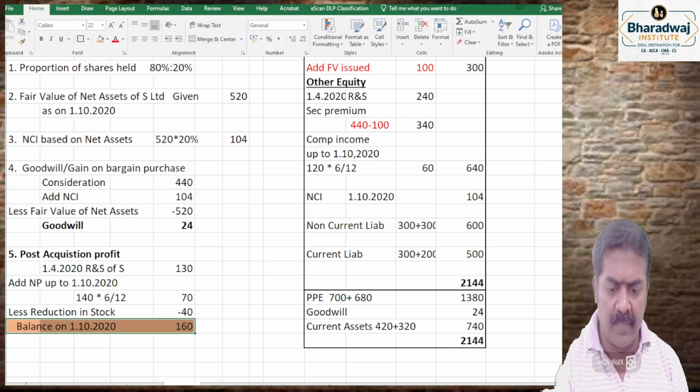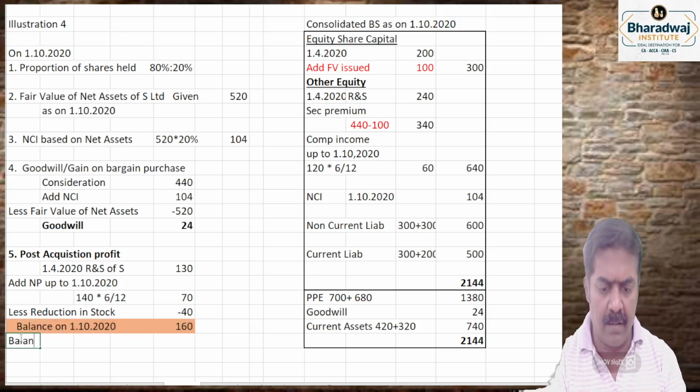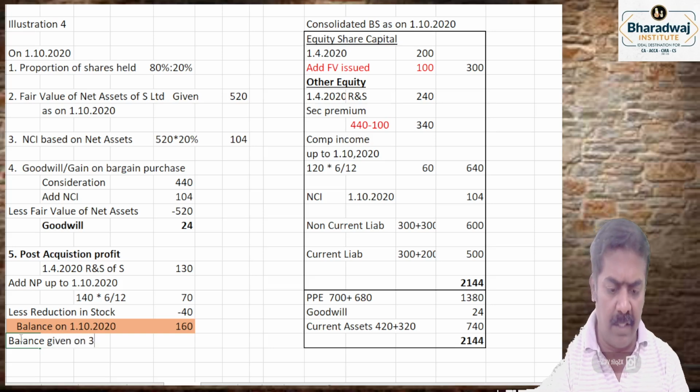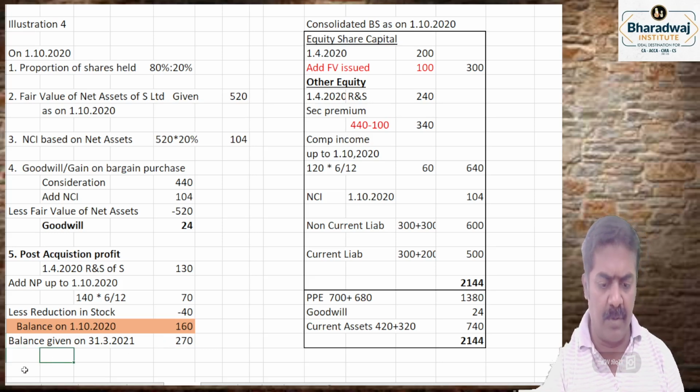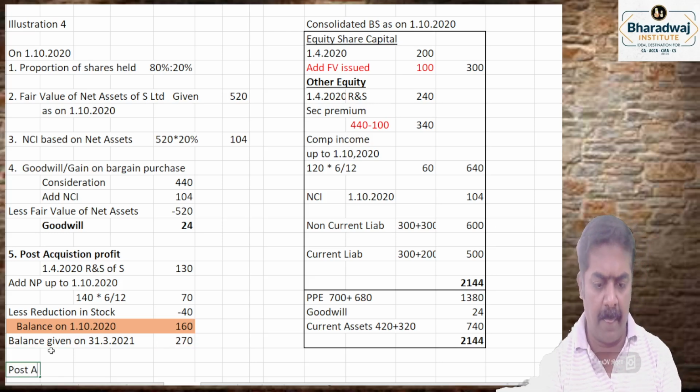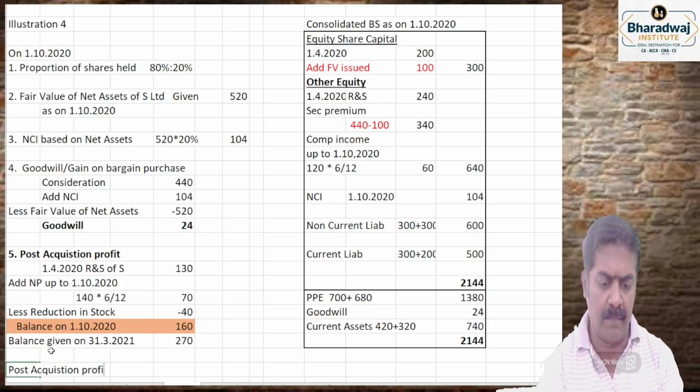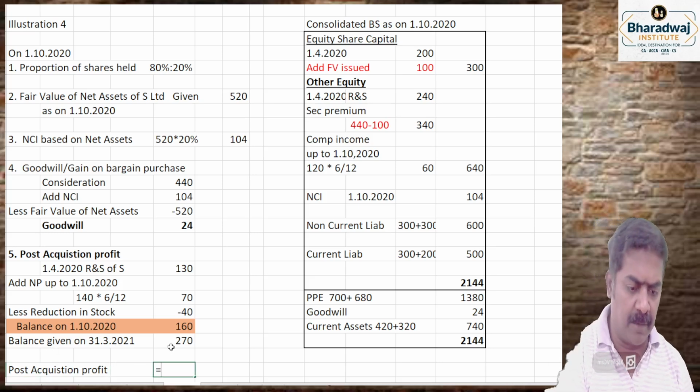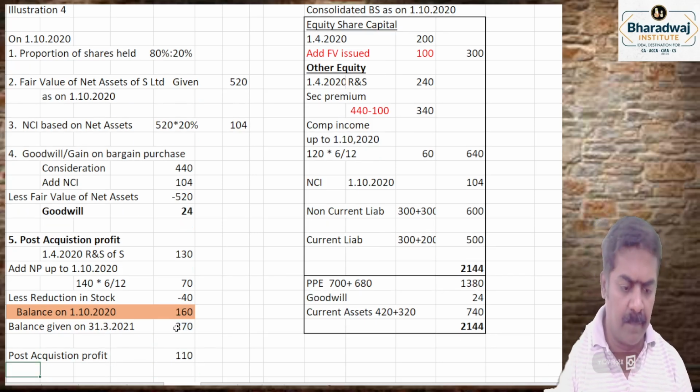The balance given on 31st March 2021 is 217. This difference will become post-acquisition profit. What is a post-acquisition profit? It's a middle year purchase.